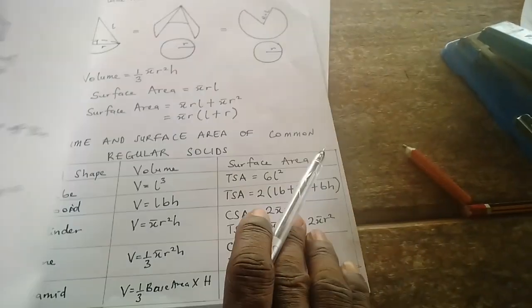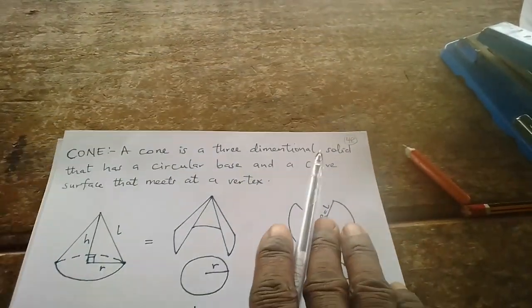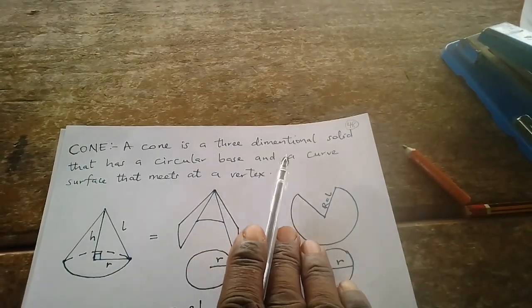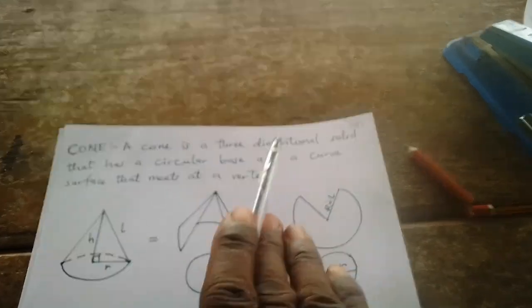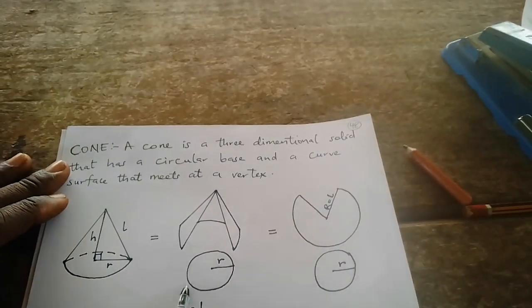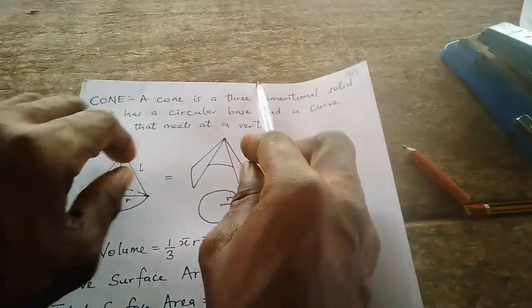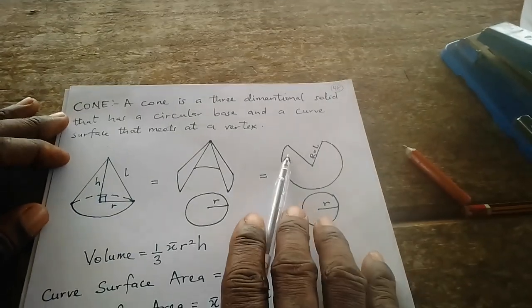Now, let's go to the cone. A cone is a three-dimensional solid that has a circular base and a curved surface that meets at a vertex. So the base of the cone is a circle. Then this curved surface is got from a sector.